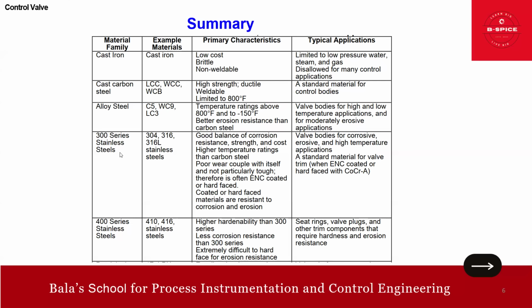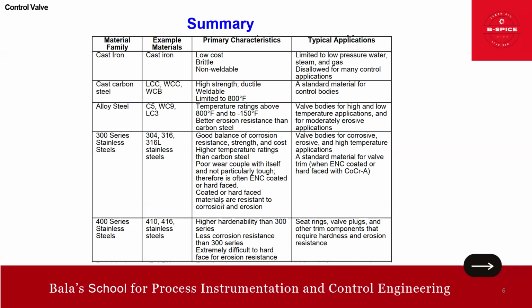Then we have stainless steel 300 series, which is very, very common: 304, 316, 316L. It gives a good balance of corrosion resistance, strength, and cost also, a competitive cost. Higher temperature rating than carbon steel, of course. Poor wear, not much wear resistance, and therefore it is often ENC coated or hard faced, like with Stellite.